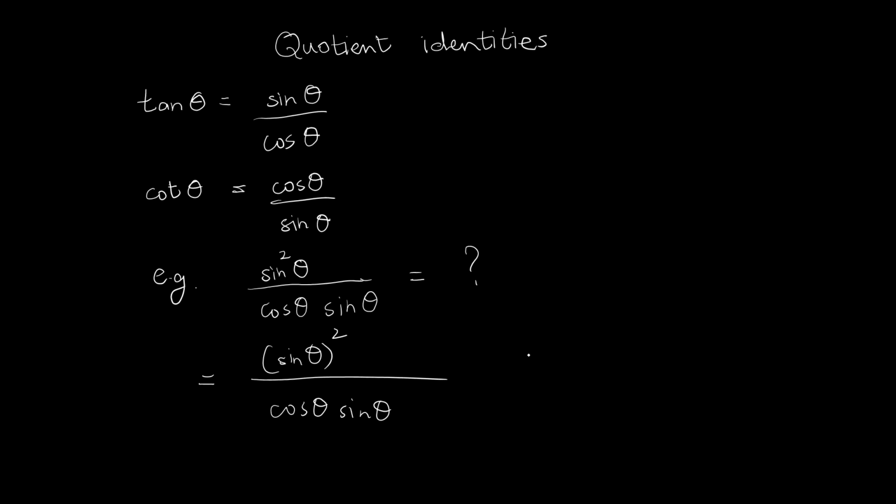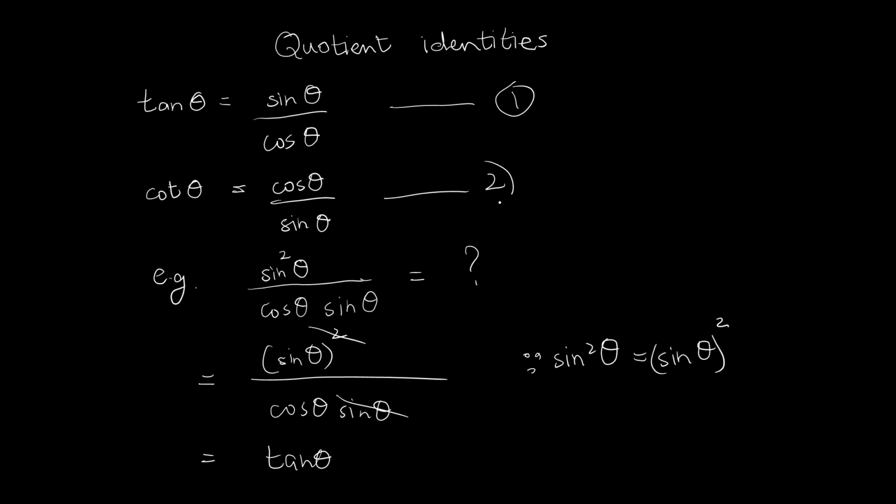And since sine square theta or sine theta whole squared are both the same expression, after this conversion we can now get rid of sine theta, and the remaining expression is equal to tangent theta by using the first identity from the quotient list.